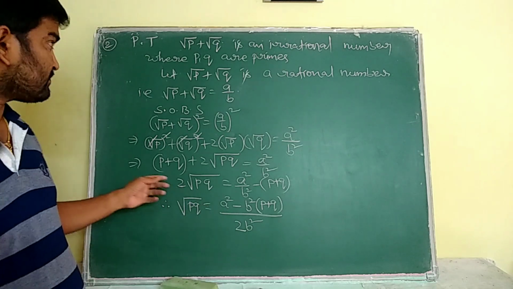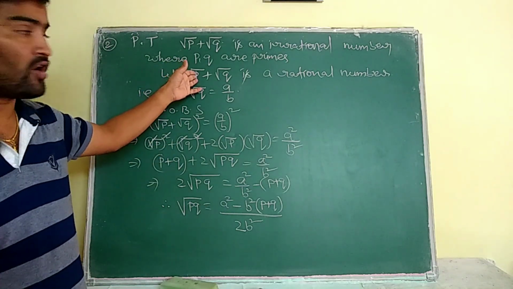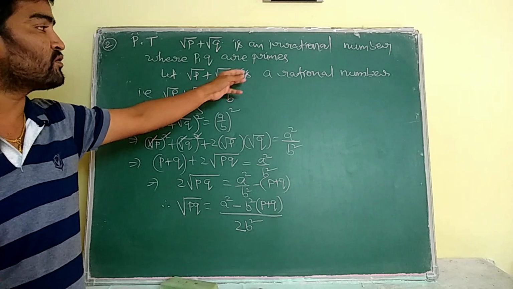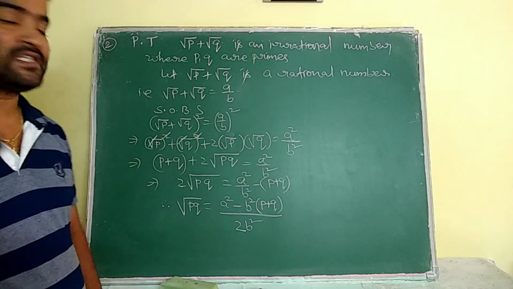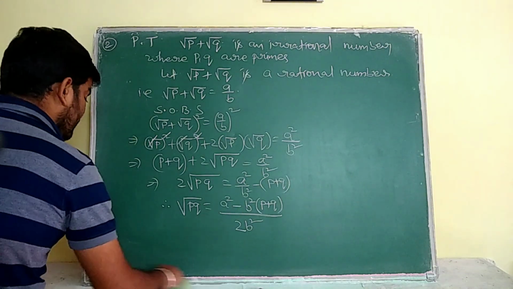That is, our assumption is wrong. What is our assumption? Root p plus root q is a rational number. Then what is correct? Root p plus root q is an irrational number. That we have to conclude.